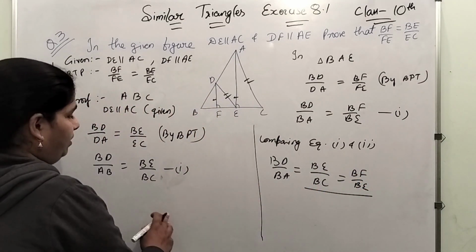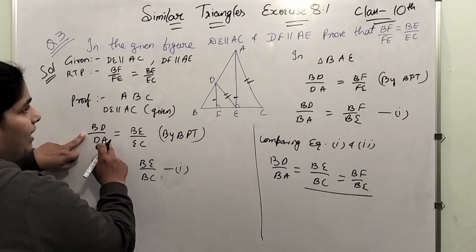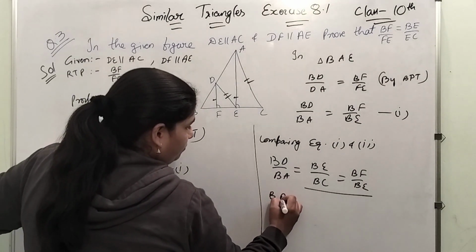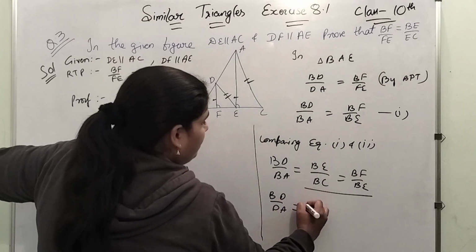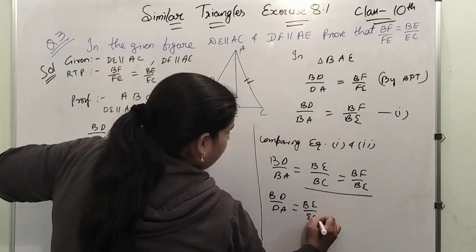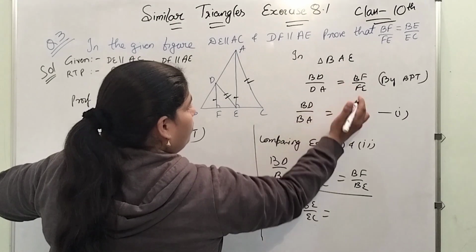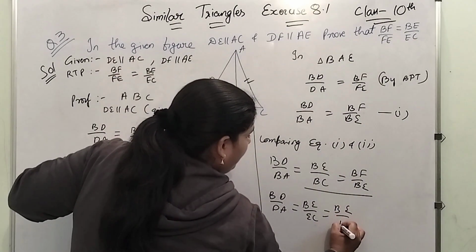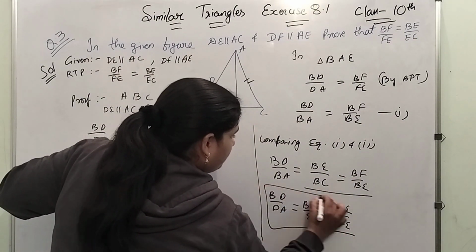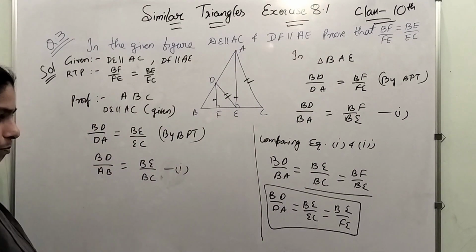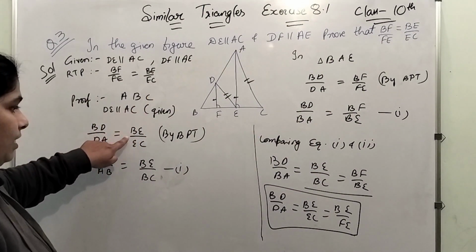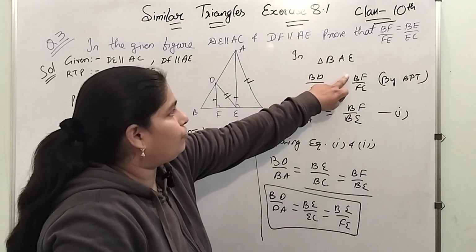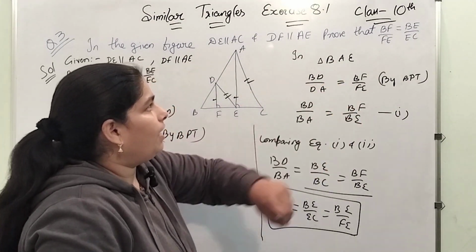Second thing, BD by DA is equal to BE by EC, which is also equal to BF by FE. This is the thing which is required to prove. BD by DA is equal to BE by EC is equal to BF by FE.